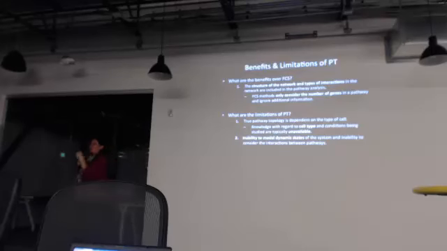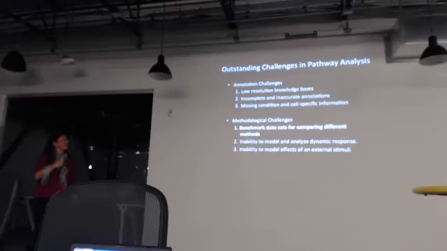So we also have to have knowledge of the cell type information to be able to better develop these models. And these are sort of evaluating a static state of the system. So there's a lot of outstanding challenges in the field.